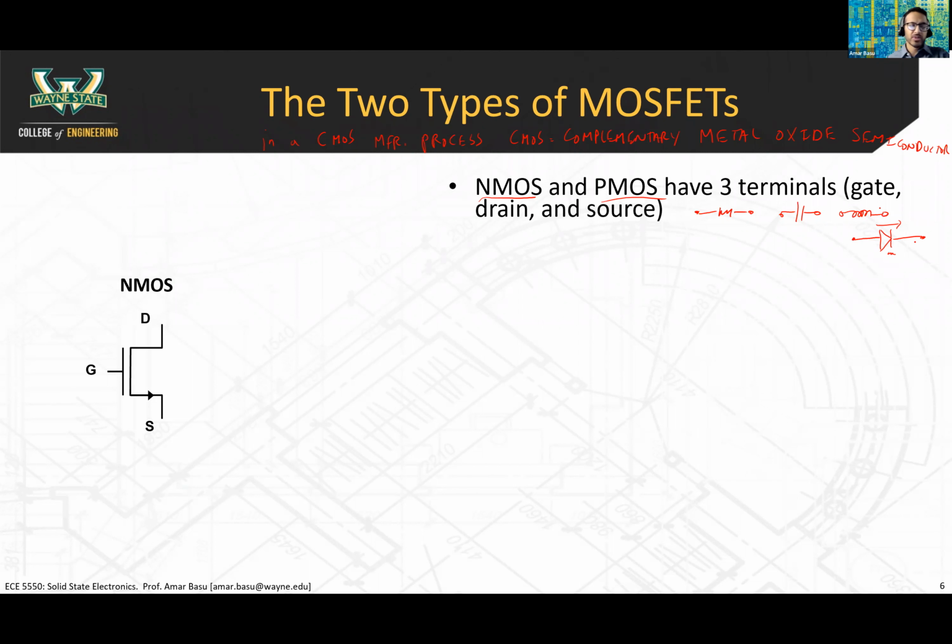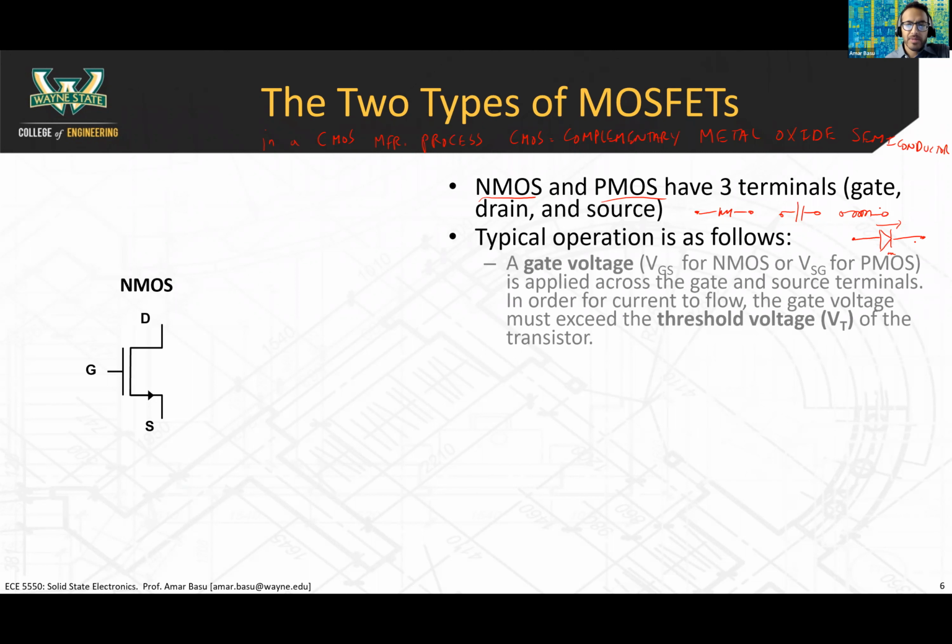I want you to see the intuition in the NMOS symbol here as well. In an NMOS device, there's a gate, a drain, and a source. There are 3 terminals to it. The intuition I want you to think about here is that the gate controls whether current can flow between the drain and the source. That'll make sense in just a second. The typical operation of the device is as follows.